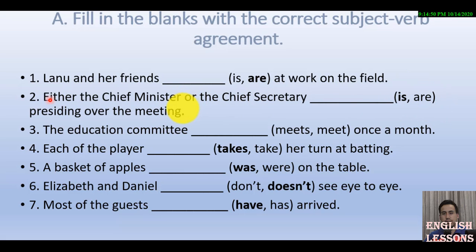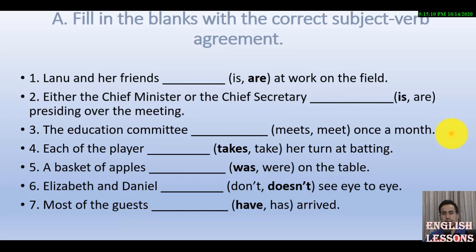So remember, either or, neither nor, and also the word or. If we use or, it should be a singular verb. So here, is. The education committee dash once a month.